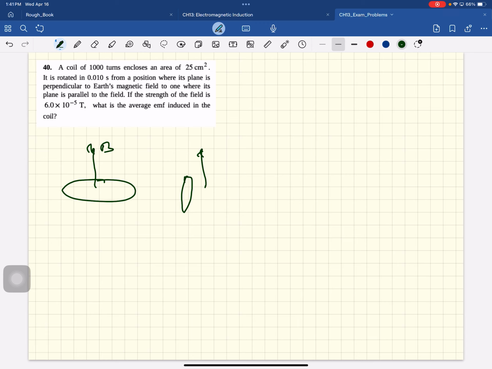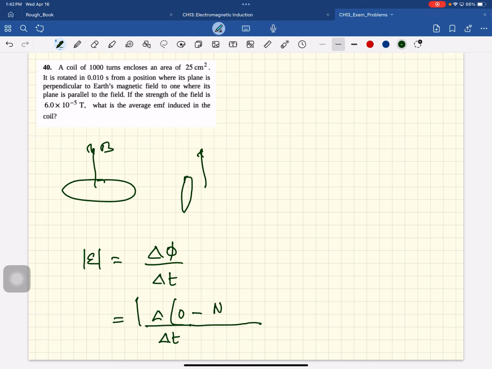So the EMF induced is the rate of change of flux. The change in flux over delta T: the final flux is 0, and then we'll take the absolute value.